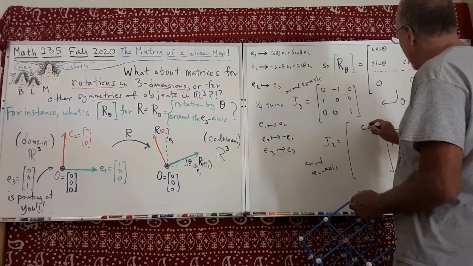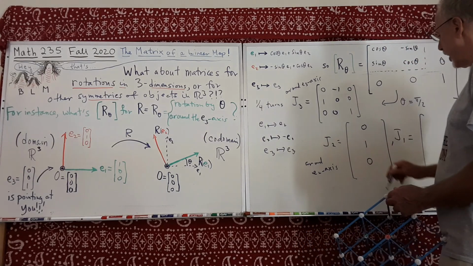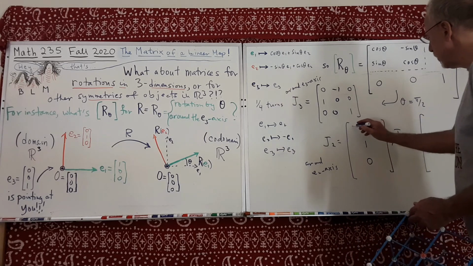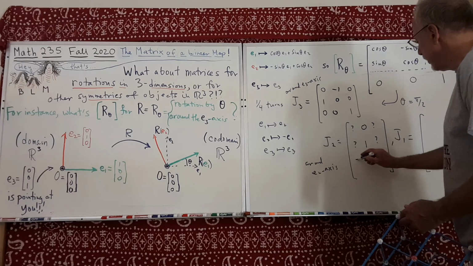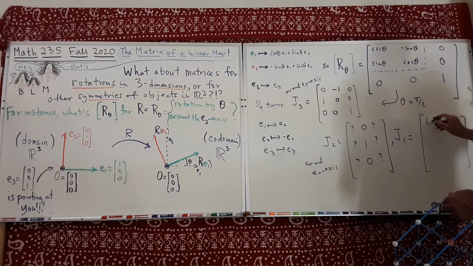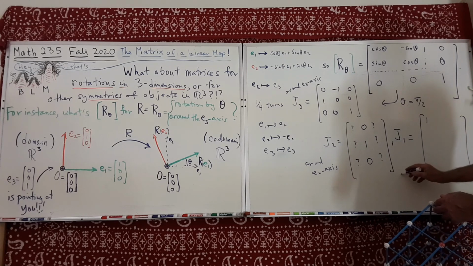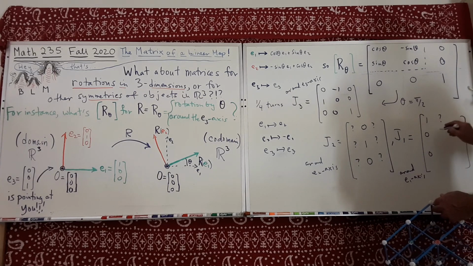So I'll put in the column that's easy to do. I'll let you figure out the other ones. So the middle column is that, and the question is what goes there, what goes there, what goes there, what goes there, what goes there, what goes there. And J1, well, E1 is fixed. This is around the E1 axis. And same questions for what goes in these spots.